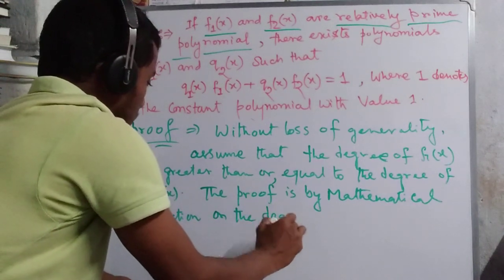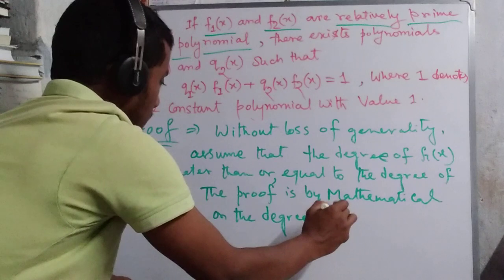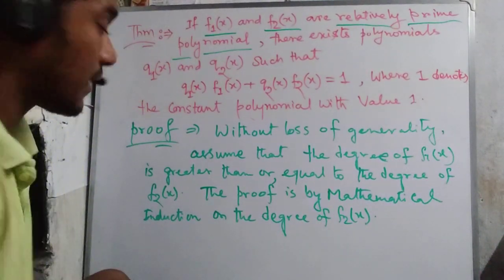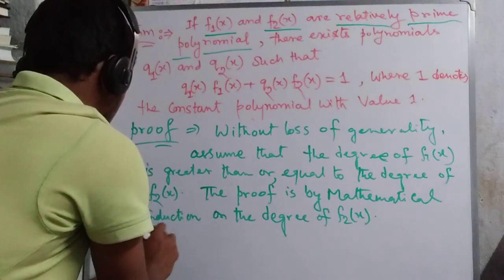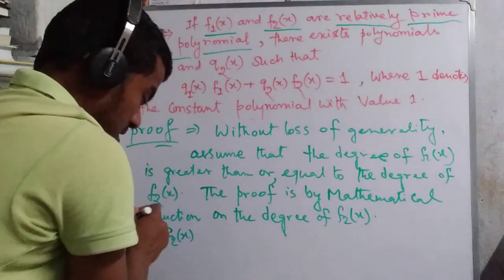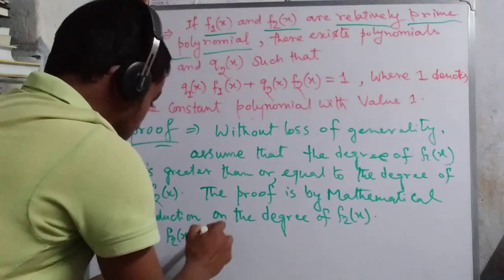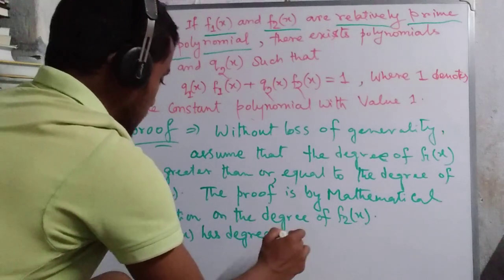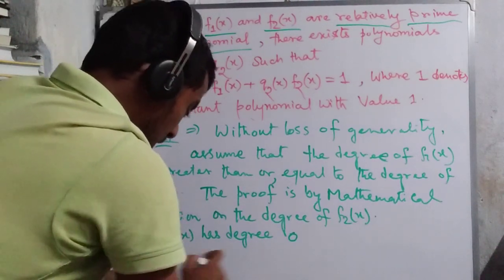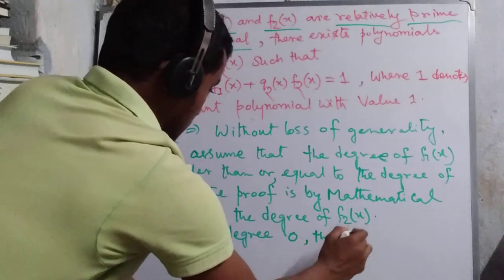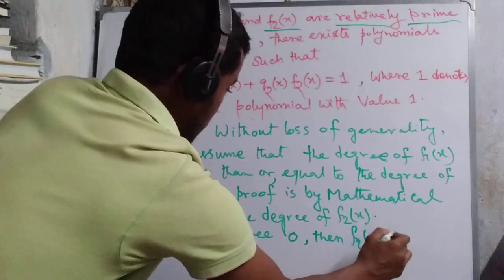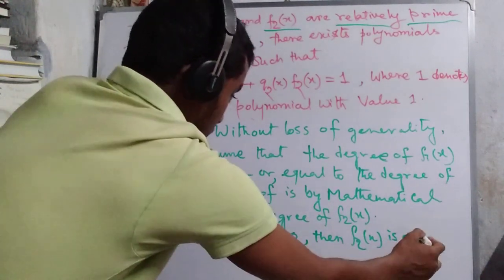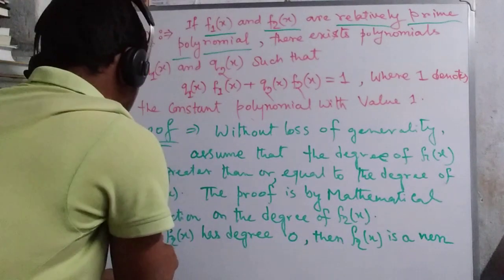If f2(x) has degree 0, then f2(x) is a non-zero constant c.